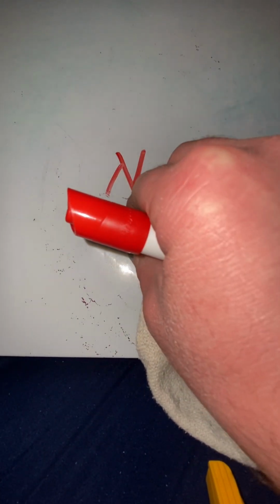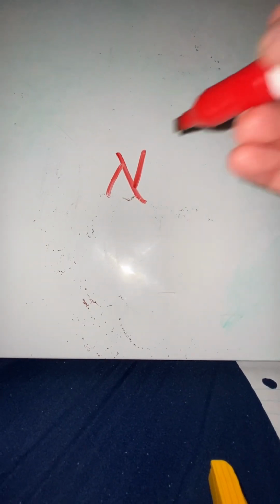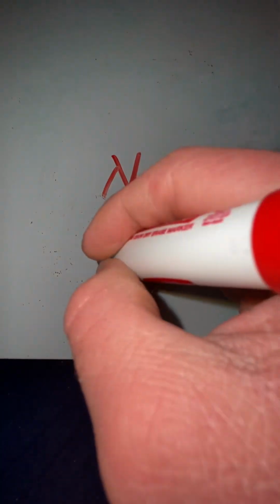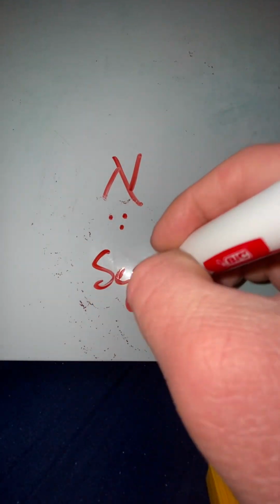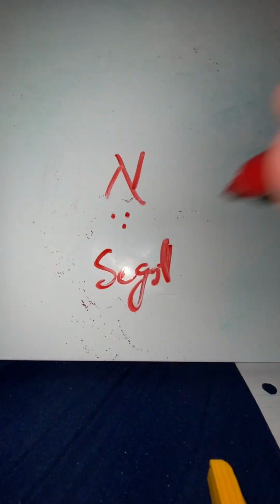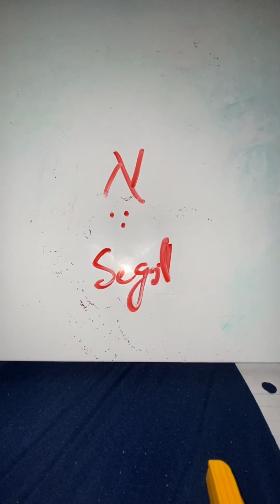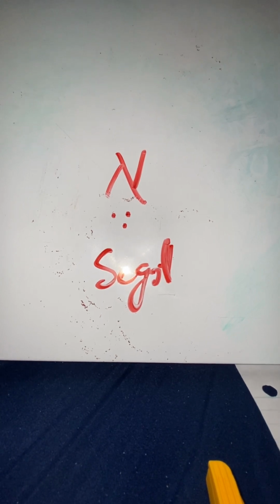And one vowel that I did skip by accident before getting into the rare ones was Sigol. But this is Sigol. It makes the short E sound.